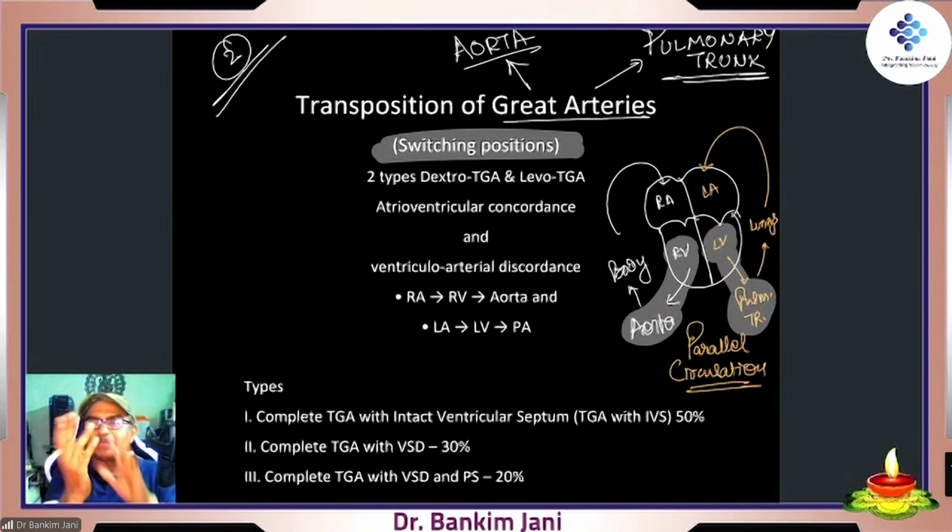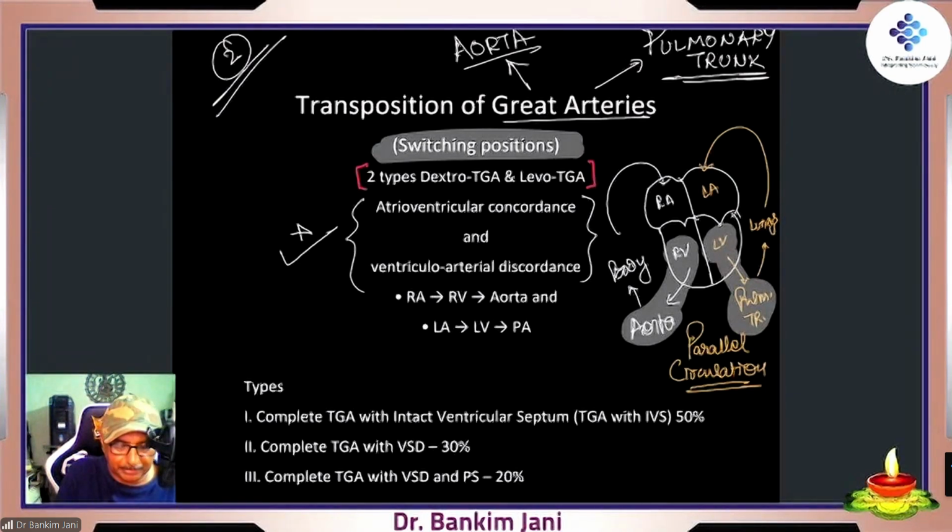What if the septum has developed but that rotation didn't occur? Then the aorta keeps on coming out from the right ventricle and the pulmonary trunk from the left ventricle. So here there are two types, dextro-TGA and levo-TGA. Just for a few minutes, don't worry about this; we'll come back to it. Before that, we need to know this part.